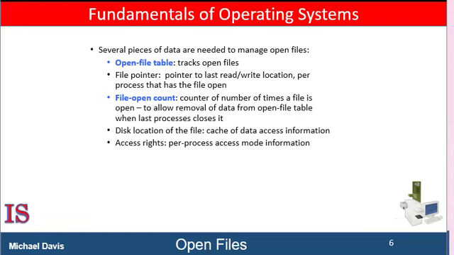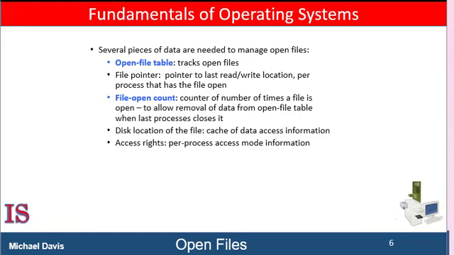The system-wide table contains process-independent information, such as the location of the file on the disk, access dates, and file size. Once a file has been opened by one process, the system-wide table includes an entry for the file.